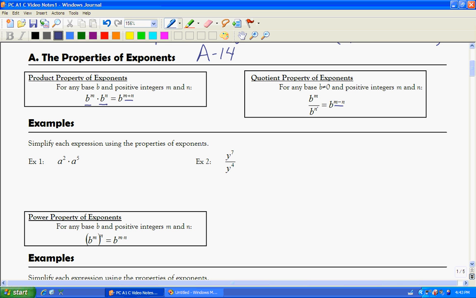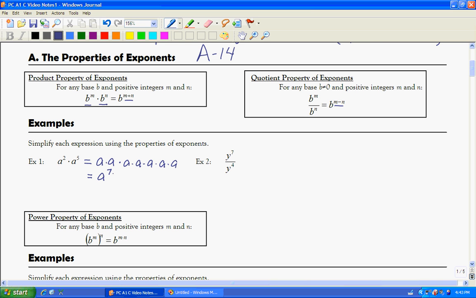So a few quick examples. Example 1, a squared times a to the 5th. Well, let's write that out the long way. A squared means a times a, and then we're multiplying that times a to the 5th, so that's 5 a's multiplied together. So a times a times a times a times a, and we can easily see from that that gives us a to the 7th.